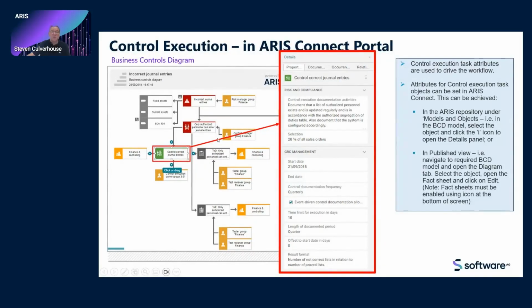So just very quickly in terms of the attributes, and I'm going to do a demonstration. So we've got your BCD model where we're recording the risks and the controls and the tests. But as you can see here, we've got this other object, this control execution object. Unlike the control test, which has a tester and then someone to check it, but only checking those that have failed, the control execution basically just needs someone to perform that control execution to confirm the control works.